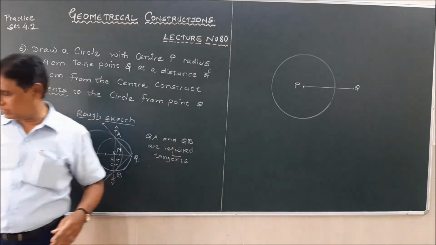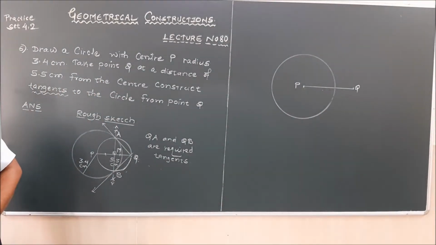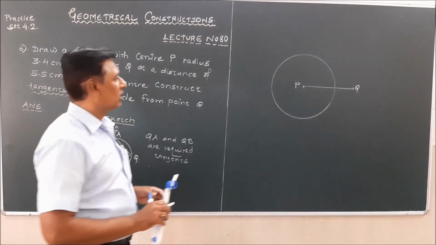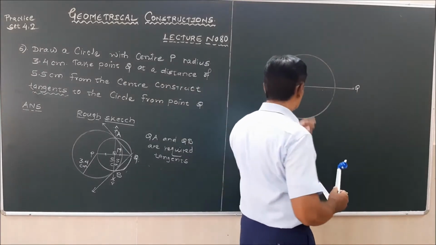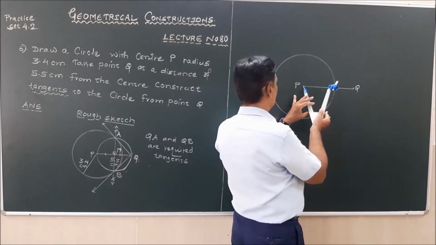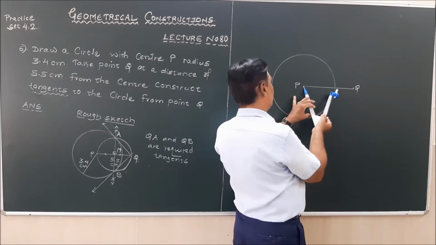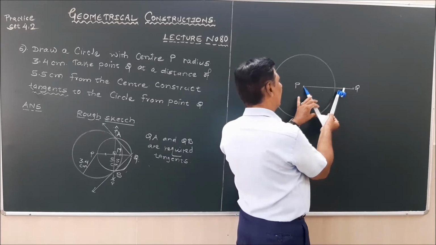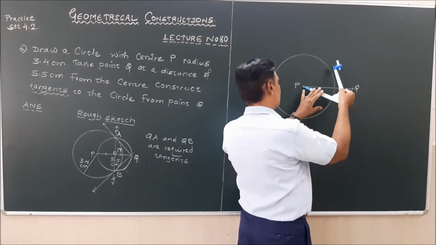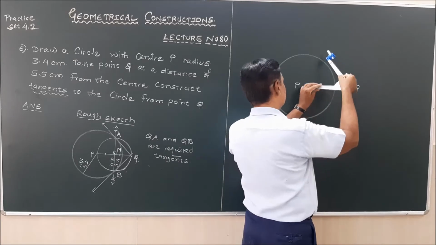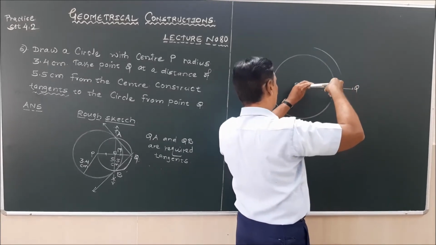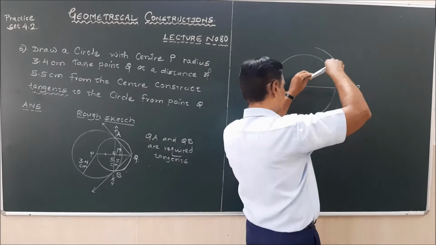Next step, as I explained, next step is to draw perpendicular bisector of PQ. To draw perpendicular bisector of PQ, place meeting point on P, take a distance more than half. Draw 2 arcs above PQ as well as below PQ.